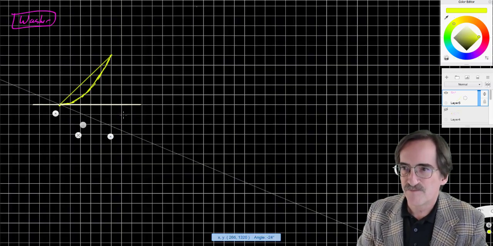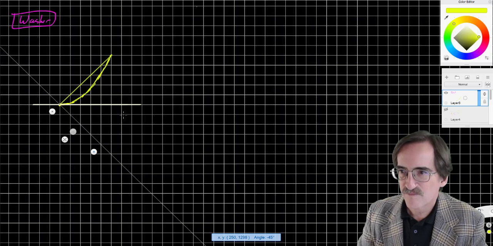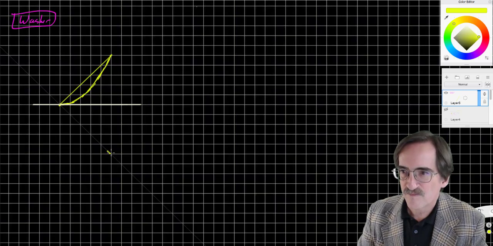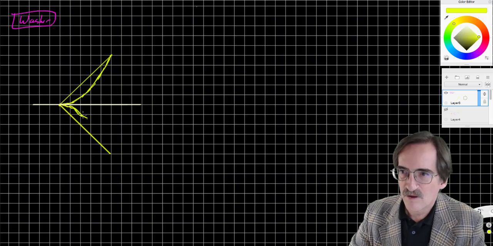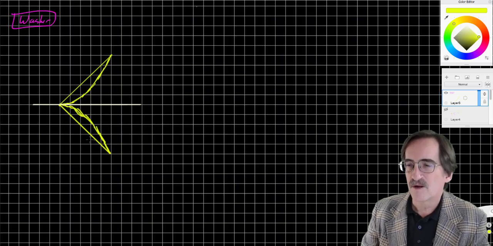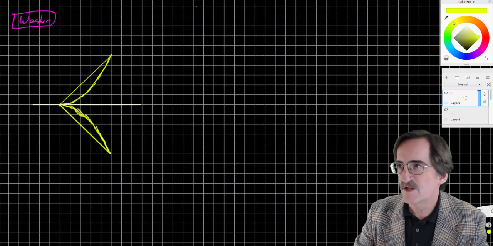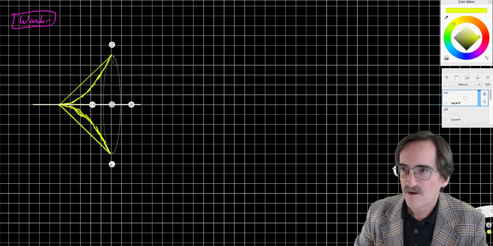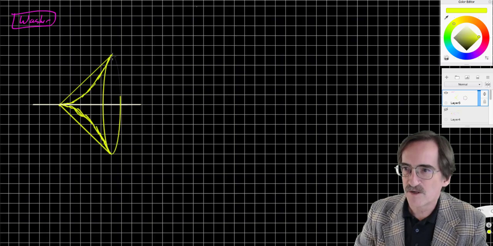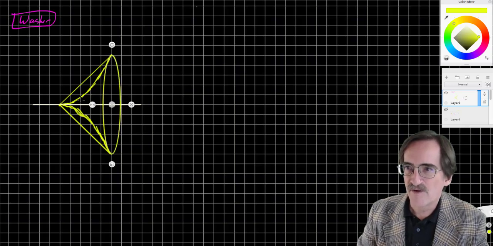Let's see if I can draw it. Okay, kind of like this. And when we spin it or rotate it, we get this shape right here. Right? It would have kind of a funnel look on the inside and a cone look on the outside.